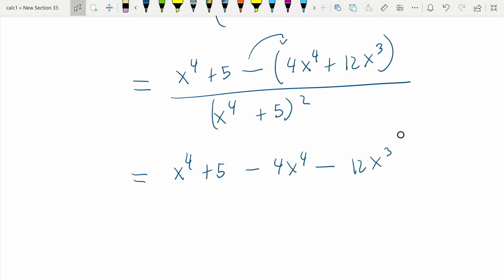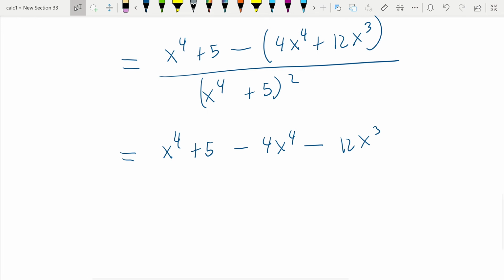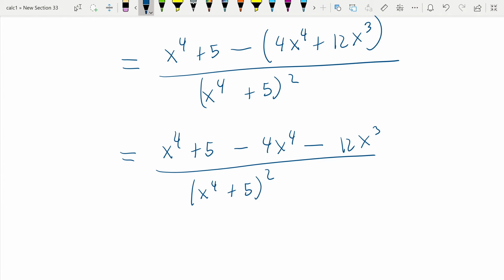All the signs inside were positive, so they all turn negative. So 4x^4 and 12x cubed are both turned negative, they're minus these expressions, minus what there were before, with (x^4 + 5) squared still in the denominator.